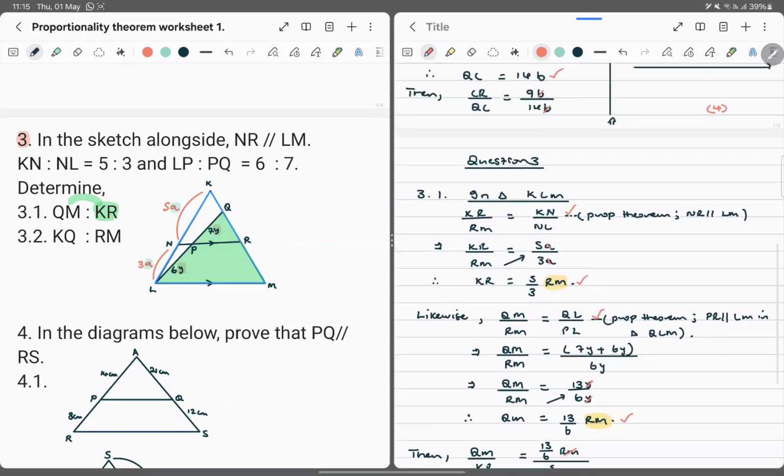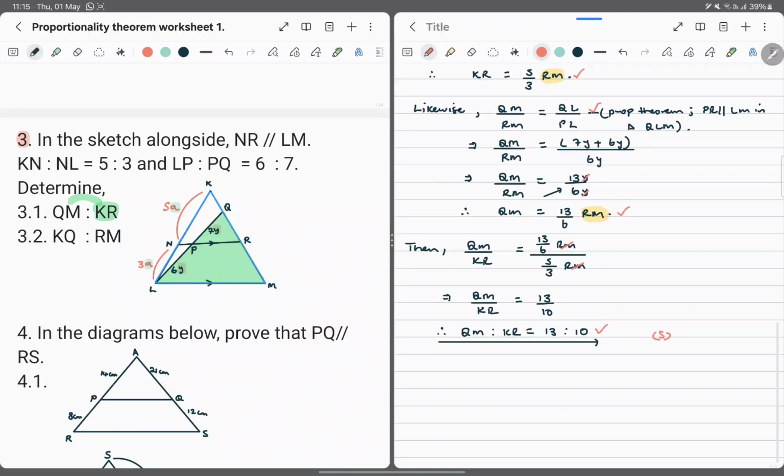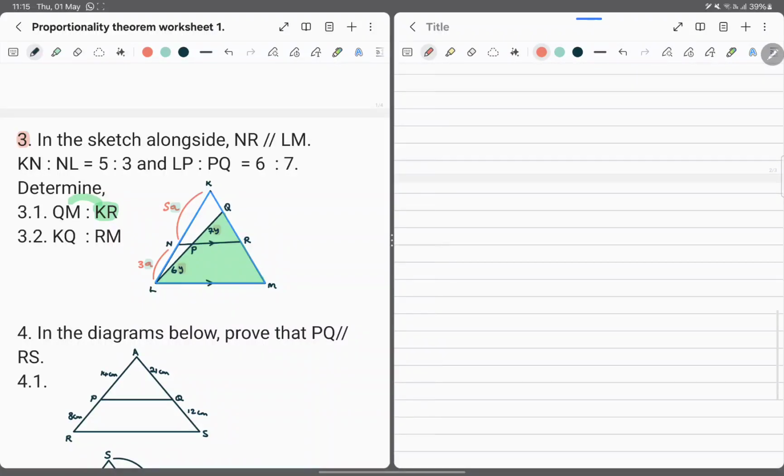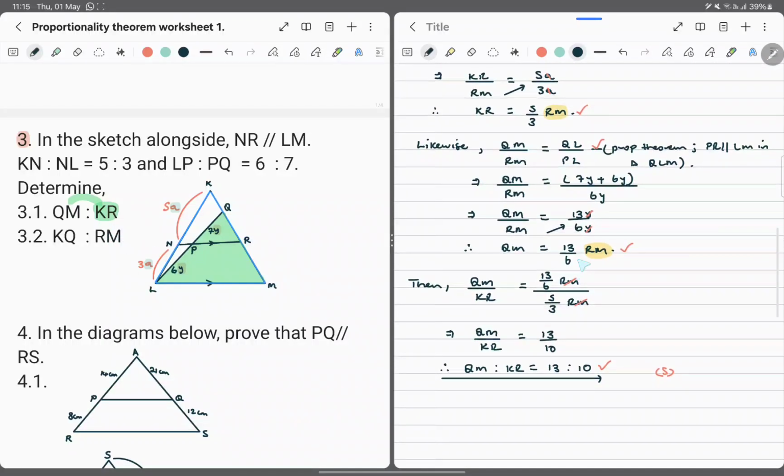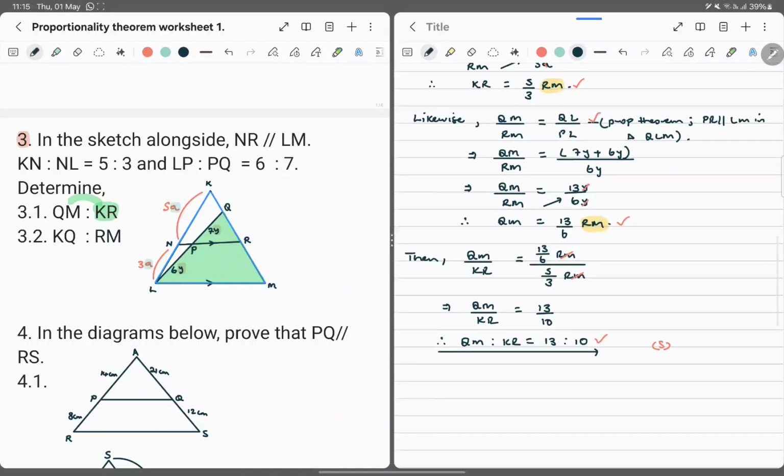All right, great. So we have some info that we can use to our advantage. So let's do 3.2. Now 3.2, we've got KQ over RM. Okay, so can you see we've already shown everything in terms of RM.